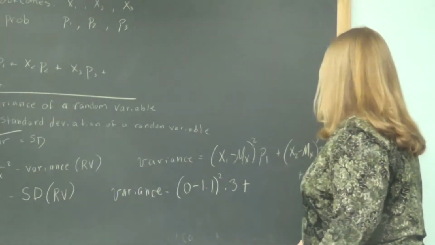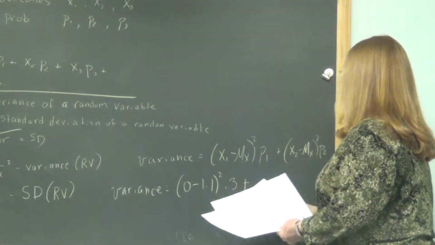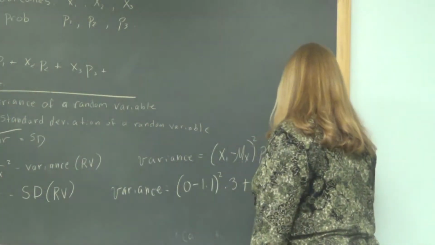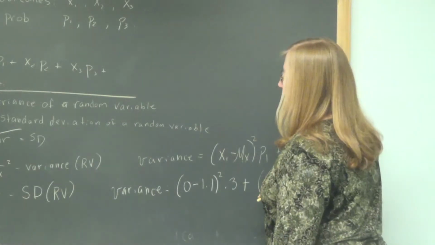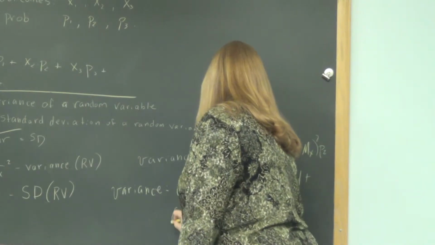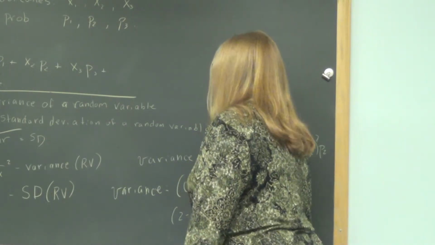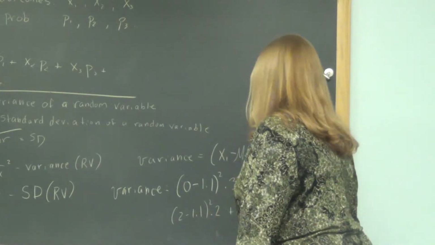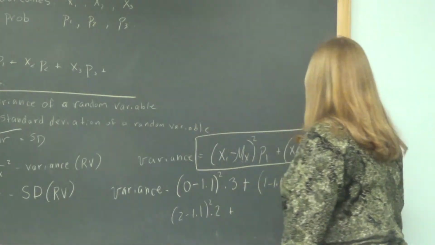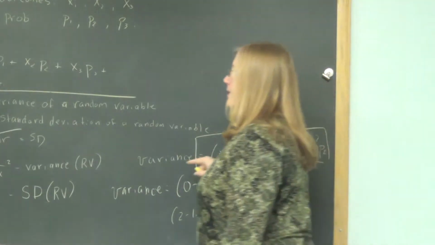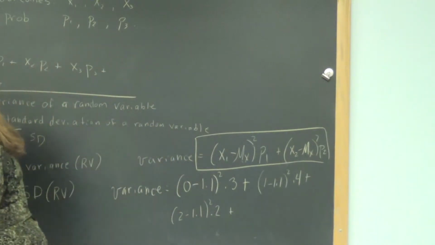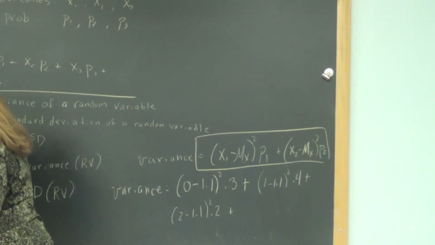Second one, we're going to add to that x sub 2, the second outcome possibility. So 1 minus expected value squared times its probability, 0.4, plus 2 minus 1.1 quantity squared times 0.2. Stop me if you have a question. We're following this formula, and x sub 1 is the outcomes of the variables. This is the random variable outcomes. So the first one is my x sub 1, x sub 2, x sub 3, x sub 4.